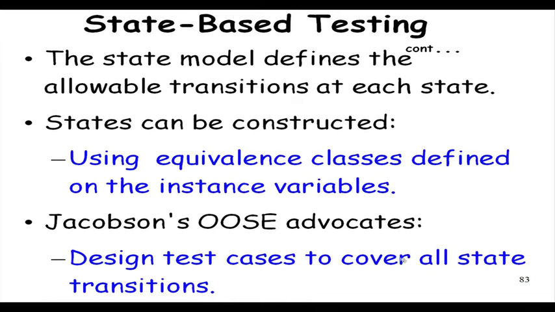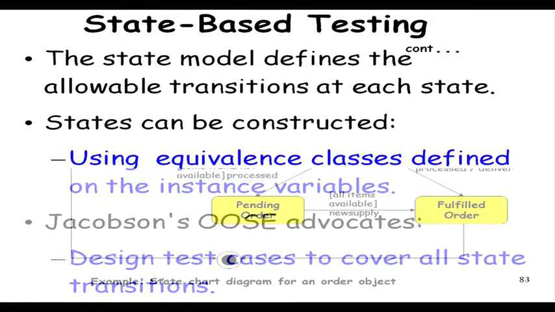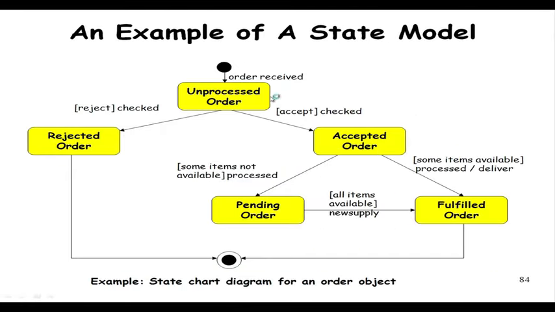We design test cases to cover all state transitions, and then in each state we test the methods. This is an example of a state model, and we need the object to assume different states through the different state transitions, and then do full testing of the methods in each of the states.